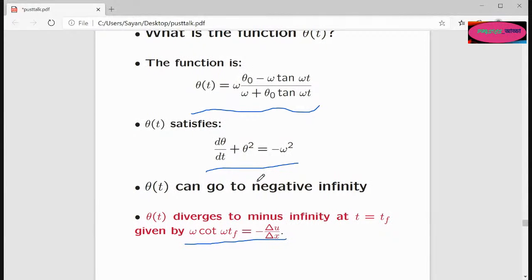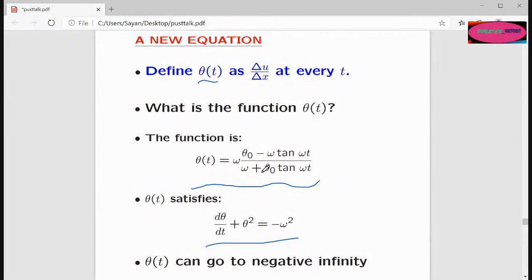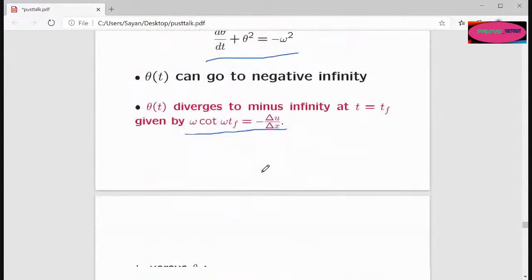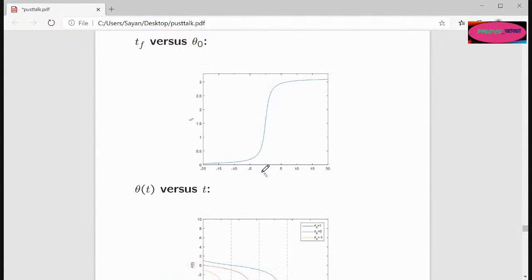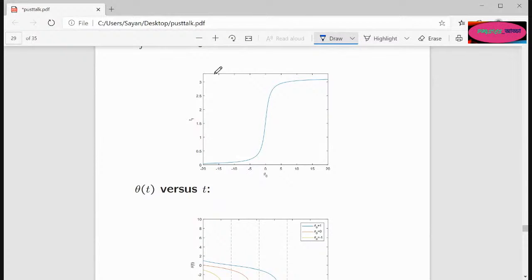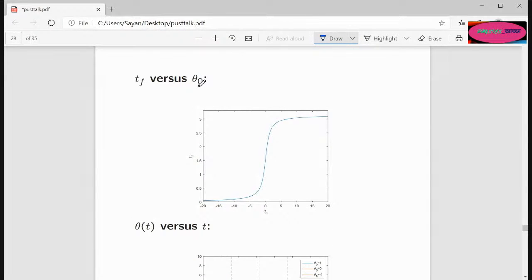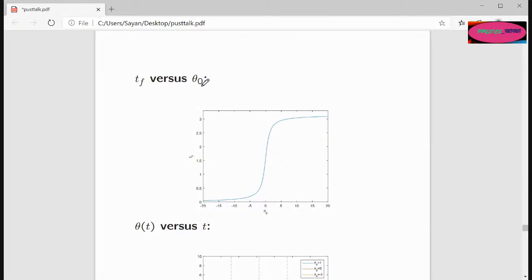Okay, so I have given you a new problem. I have told you about a new variable, and I can do a little bit of plotting over here. I can find out what tf is as a function of theta naught. What is theta naught? Theta naught is the initial value of the ratio delta u by delta x. You can have different delta u's and different delta x's with the same delta u by delta x.